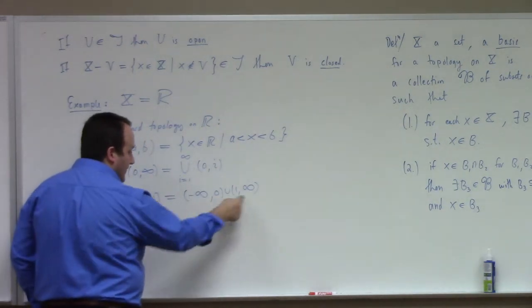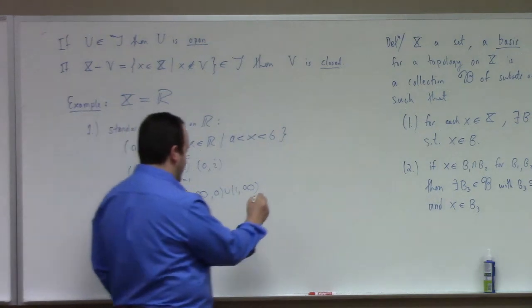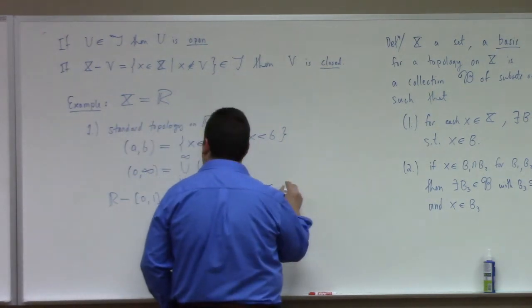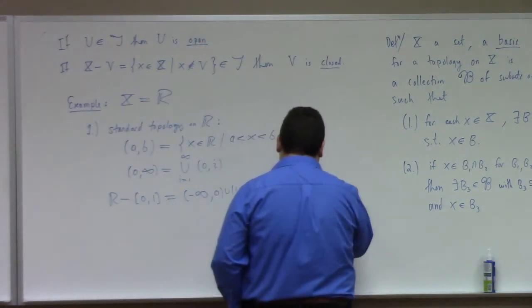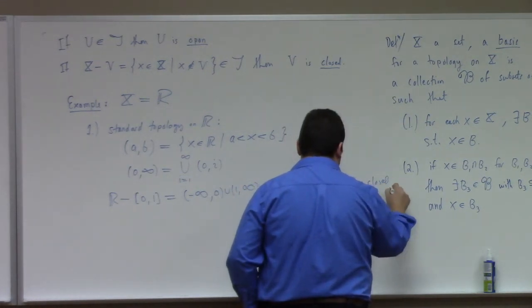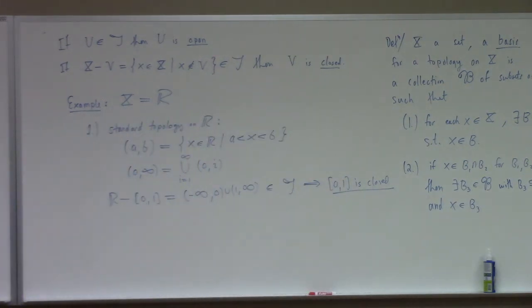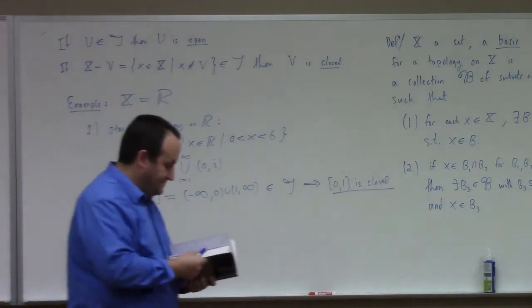We have the union of open things, which is by definition open, or by construction, if you like. So that says what? [0, 1] is closed. So closed intervals are closed sets. Not that surprising, but this terminology is consistent, and yet it can be inconsistent.